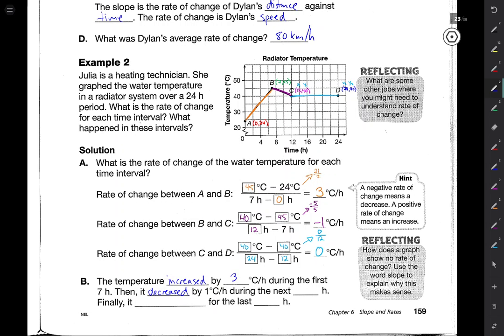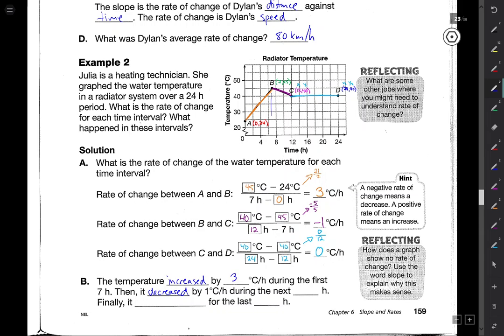Well, from the point B to the point C, if B is at 7 down here and C is at 12, then the amount of time that went by there would be 5 hours. And then finally, it stayed the same for the last, from this point here, from 12 to 24, that would be the last 12 hours.